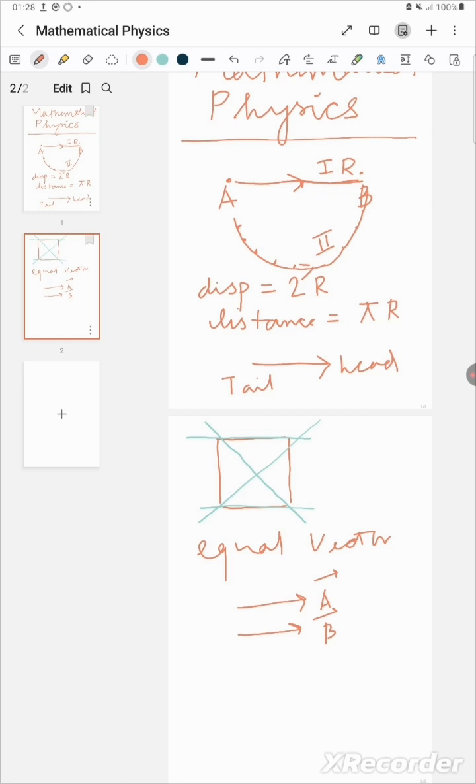The second type of vector is the negative vector. Consider two vectors having the same magnitude but opposite direction. So basically, if your A is this, then B will be opposite to that of A but having the same magnitude.